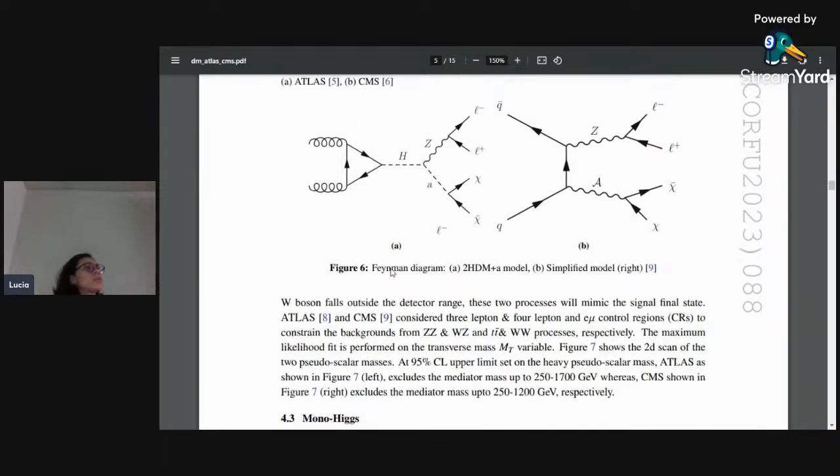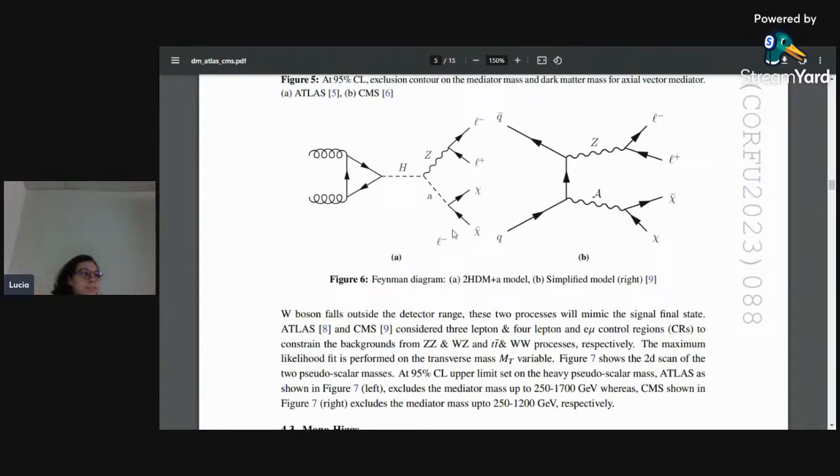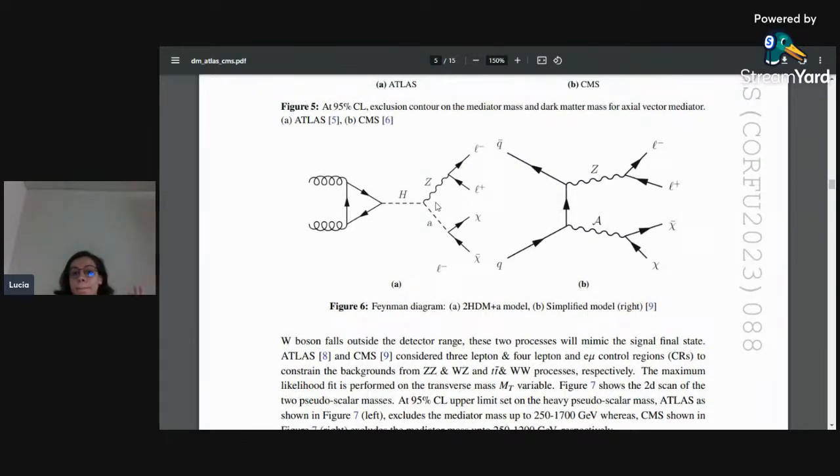And just a quick introduction of the two Higgs doublet model. In this case, we have two Higgs doublets instead of one. This way, we have a heavy Higgs, that is this H here. Another point is that in this paper, sometimes they put the Higgs as lowercase h, which is the most common for the Higgs doublet model.